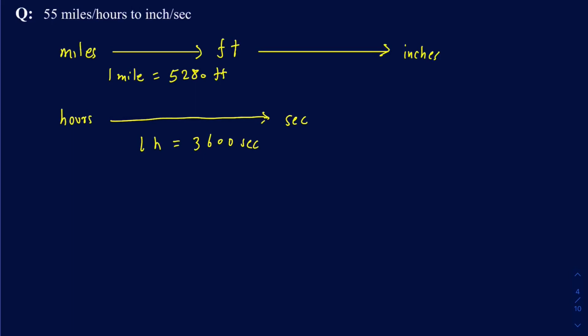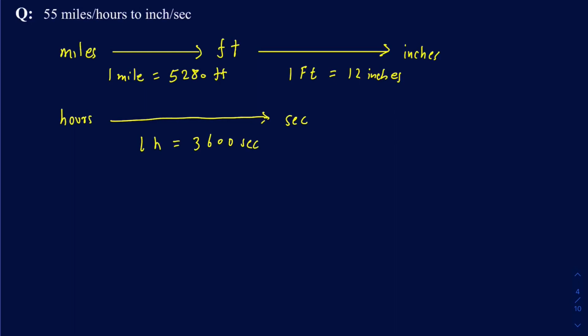And then 1 foot has how many inches? Well, 1 foot is 12 inches. So you got 2 conversion factors to be used in case of the miles, and only 1 conversion factor in case of hours to seconds. If you want to change miles to meters, then meters to centimeters, and then to inches, that's completely okay as well. It's just a matter of what type of equality you have in your mind or you're given.